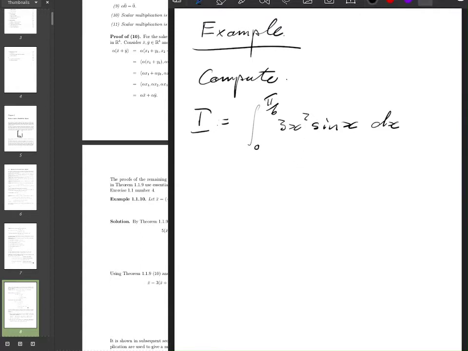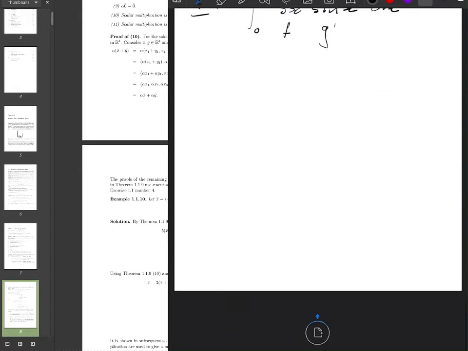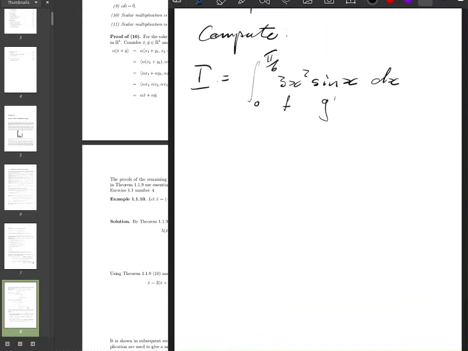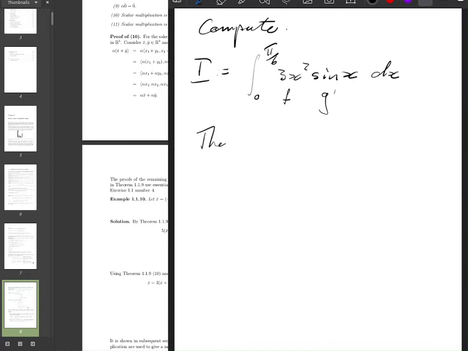Okay, so let us view this as the derivative of g and this as f. Okay, then our integral becomes, actually before we do that, let us define f of x as 3x squared and g prime of x as sine of x.